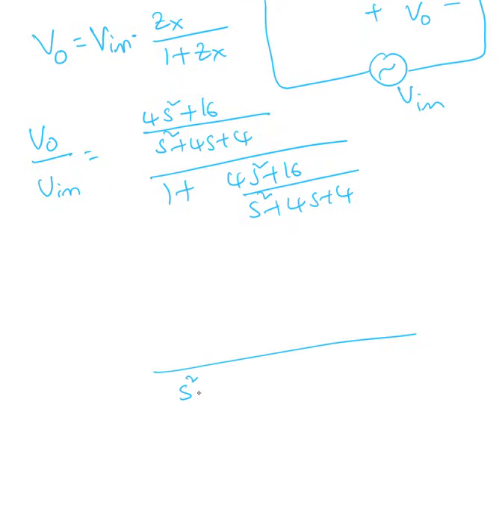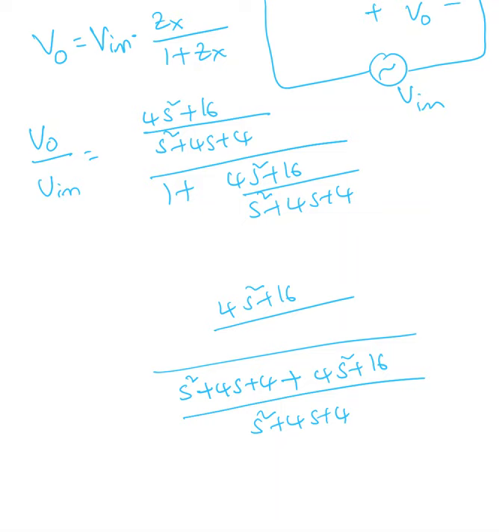I end up with S square plus 4S plus 4 plus 4S square plus 16 over S square plus 4S plus 4 in the denominator, and 4S square plus 16 over S square plus 4S plus 4 in the numerator. Now the denominators cancel out.